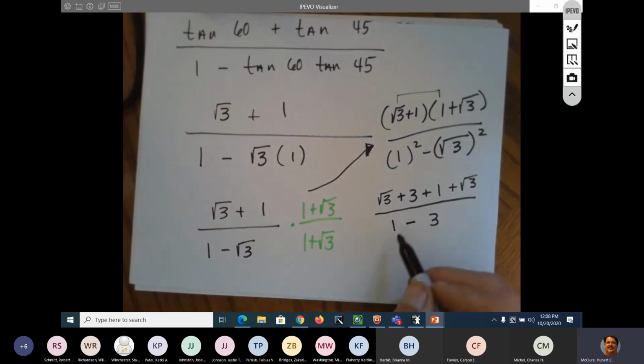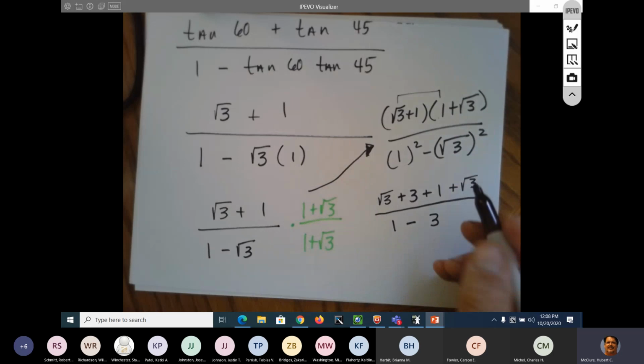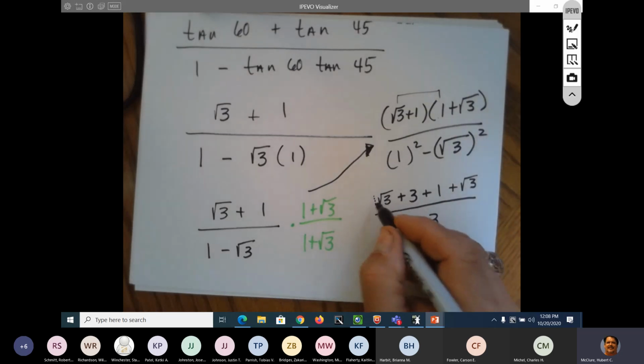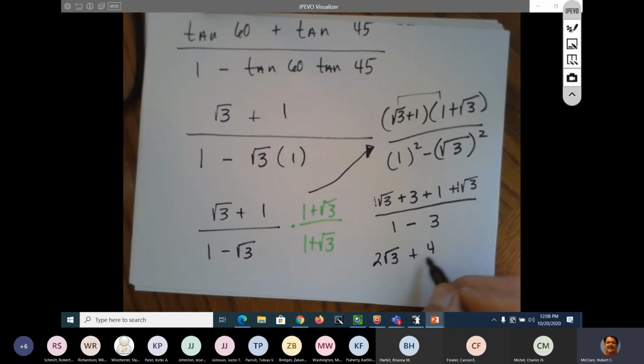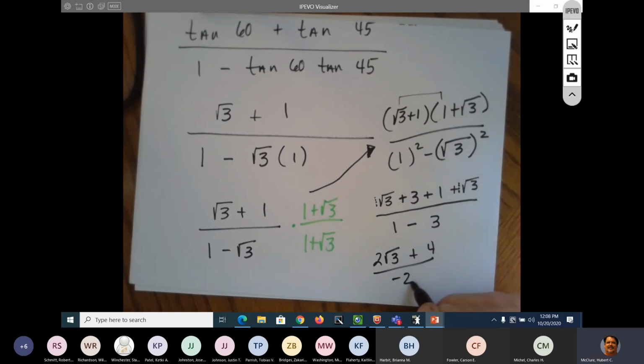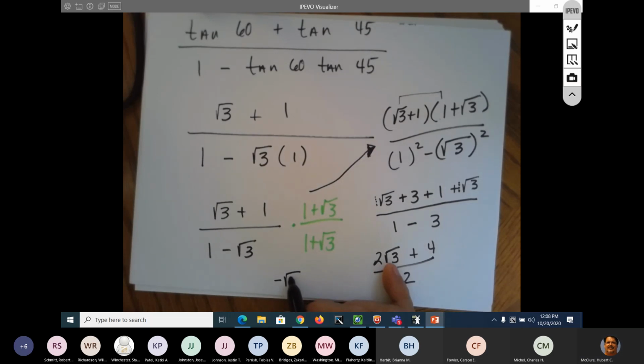And that's going to give me, okay, this is your question that you were asking a while ago. What is 1 times square root of 3 plus 1 times square root of 3? 2 square root of 3, plus 4 over negative 2, and you can cancel, that's going to cancel there, leave negative root of 3 minus 2.